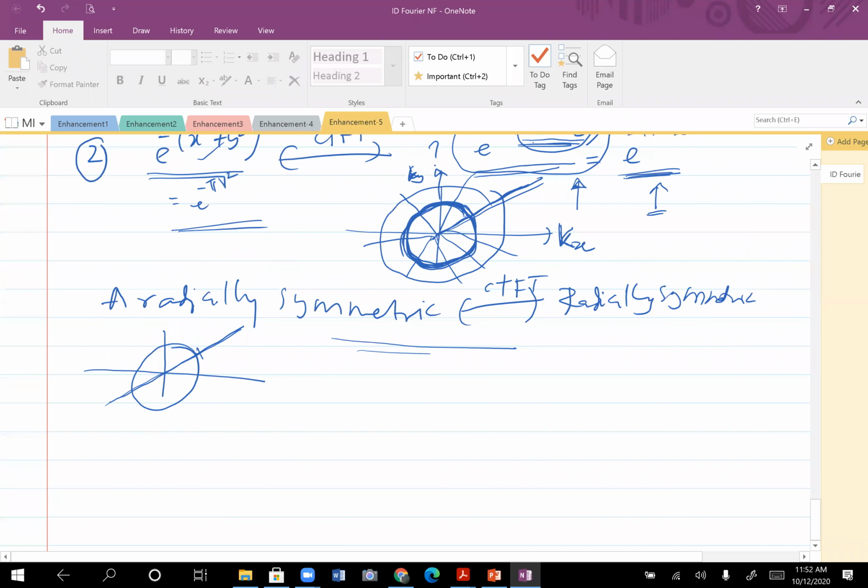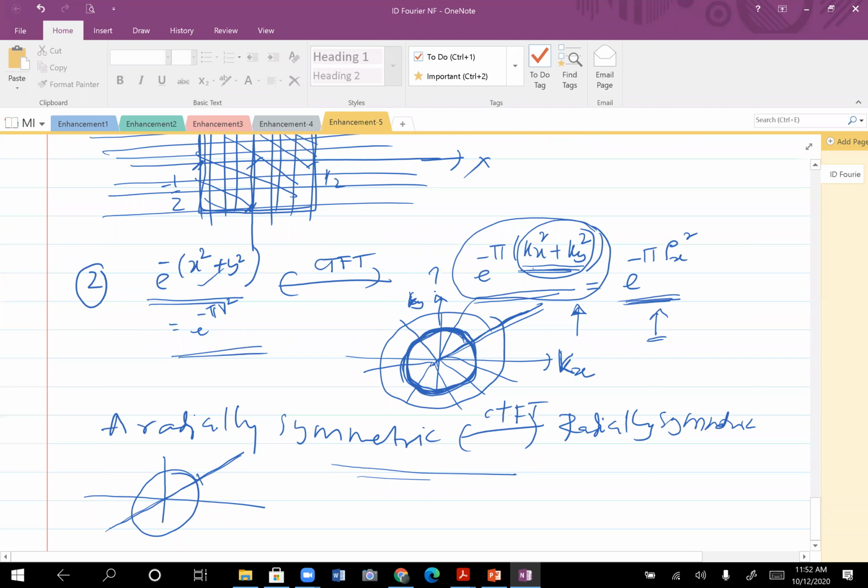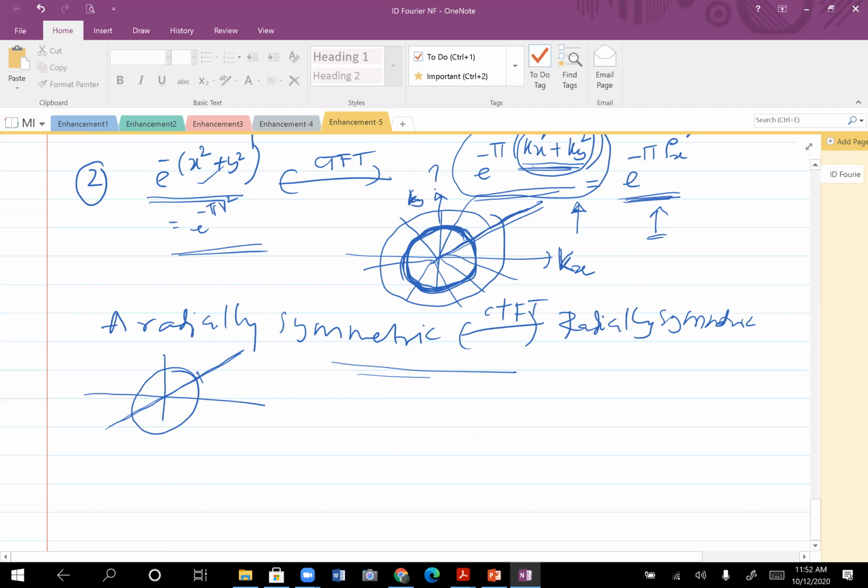Sir, this is valid only if the function that we are defining in the time domain is valid for theta from 0 to 2 pi. No, I'm saying that this function is radially symmetric, right? If the function is not radially symmetric, this is not valid at all. If the function is not defined the same for all values of theta, it is no more radially symmetric.